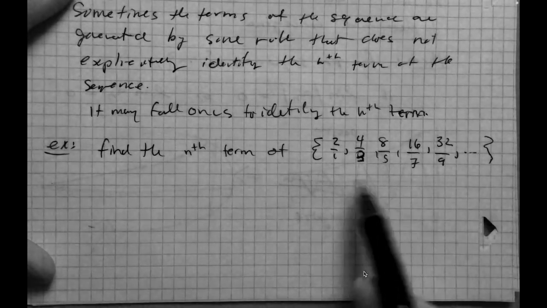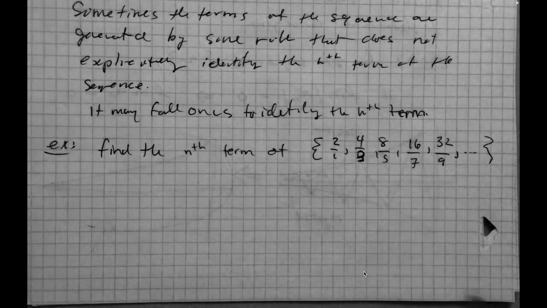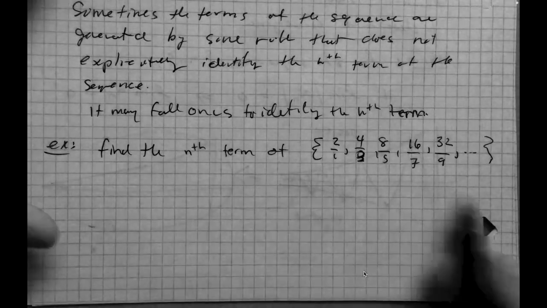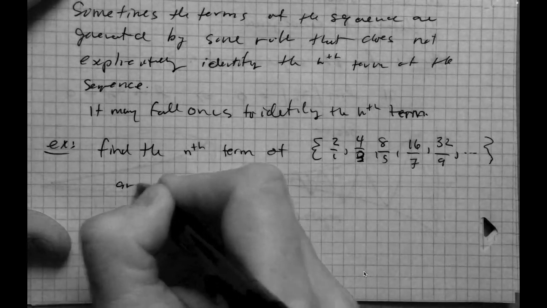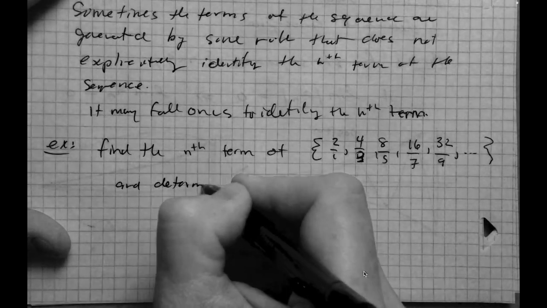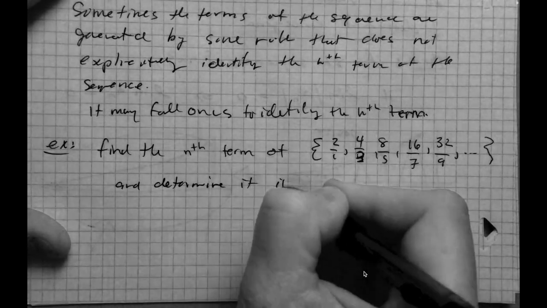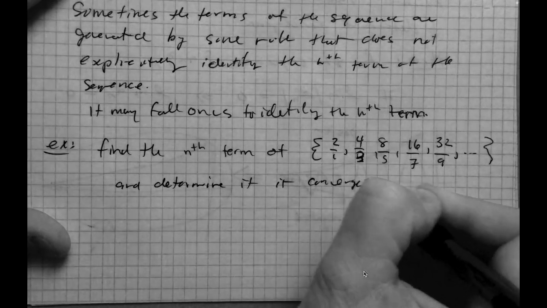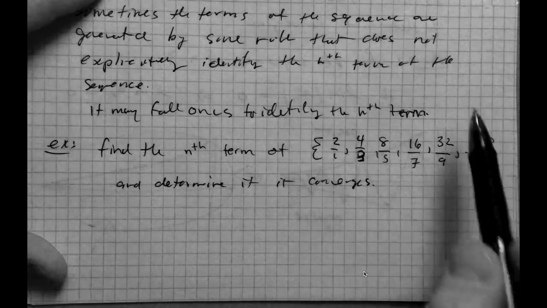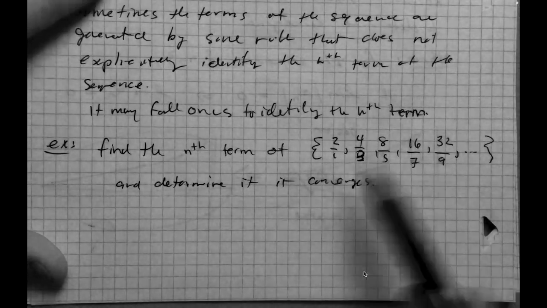So you're just given the first 5 terms and asked to find the nth term. So find the nth term of this, and we'll throw on here, determine if it converges. Okay, so it might converge, it might not converge, we don't know. Let's figure out what the nth term is.